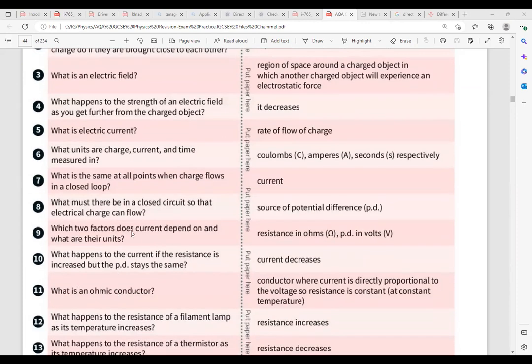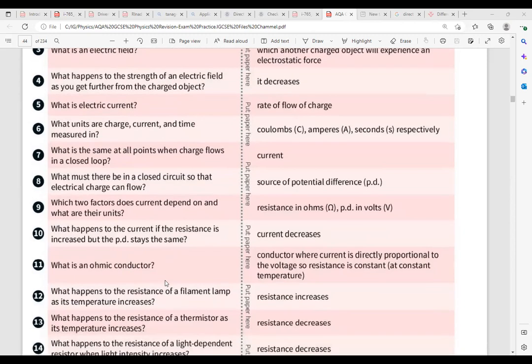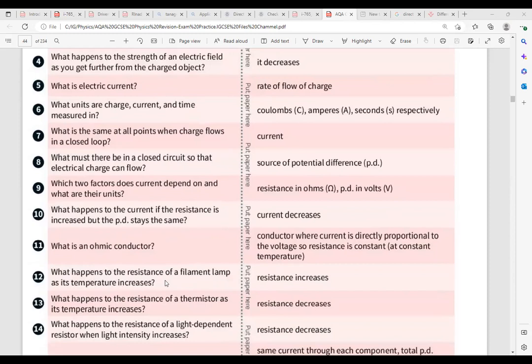Which two factors does current depend on and what are their units? Current depends on resistance (ohm) and voltage according to Ohm's law. What happens to the current if the resistance increases? The current decreases right away. What is an ohmic conductor? A conductor where current is directly proportional to the voltage, so the resistance is constant.